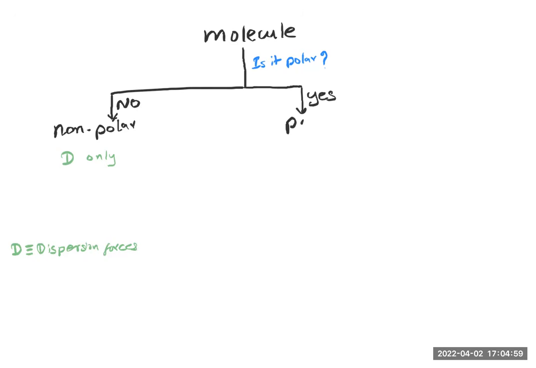Then you have a polar molecule. Okay, so if you have a polar molecule, then again you have to ask another question. Okay, and the question is, does it have hydrogen covalently bonded to nitrogen, oxygen, or fluorine?